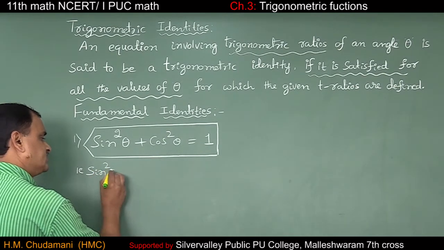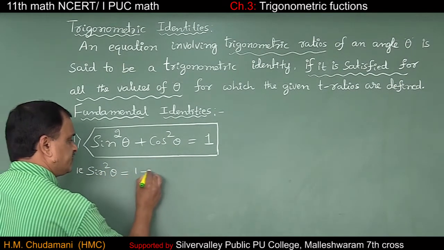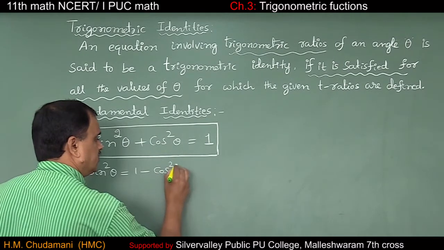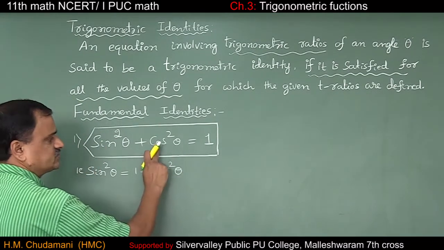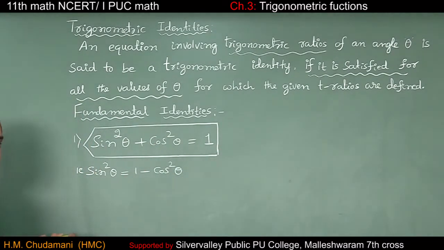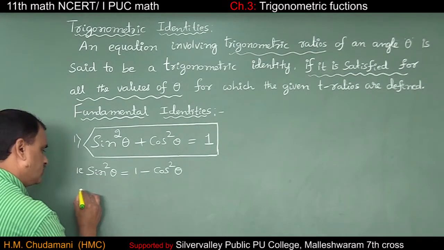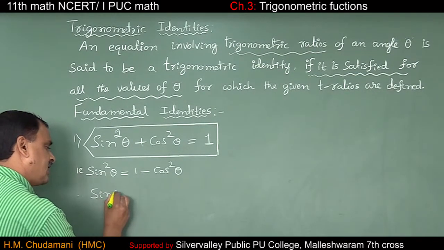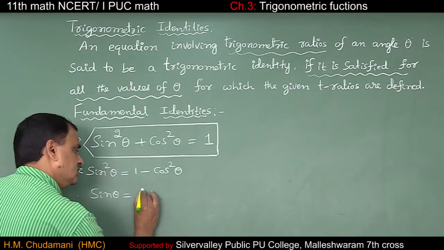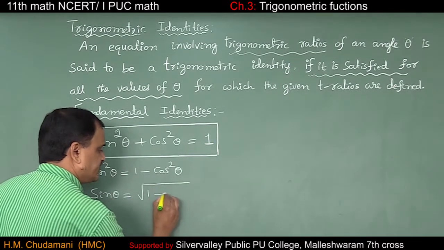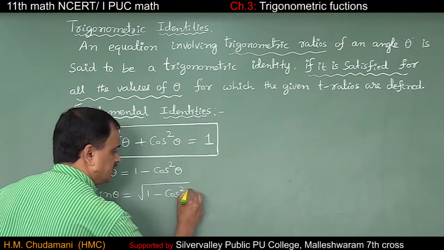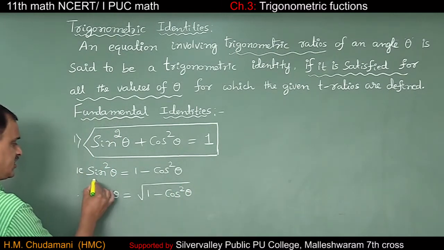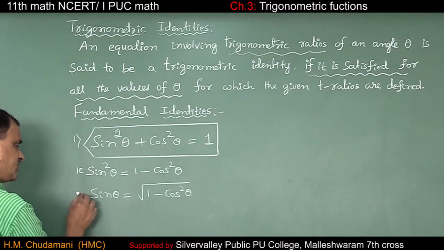We can write sin square theta is equal to 1 minus cos square theta. Shift cos square theta to the other side. Therefore, sin theta can be written as root of 1 minus cos square theta.